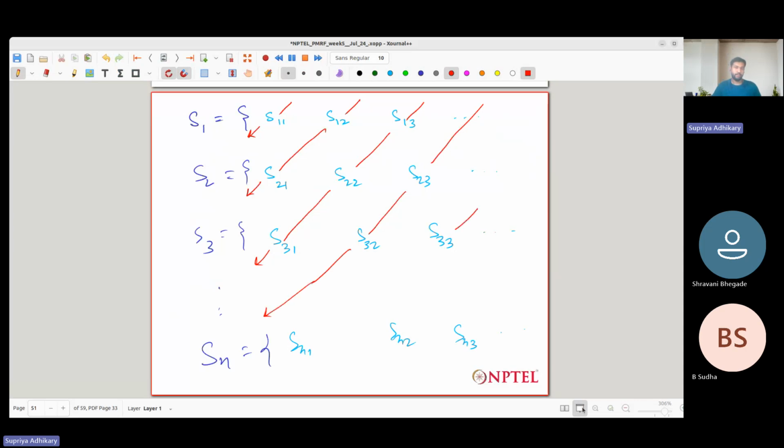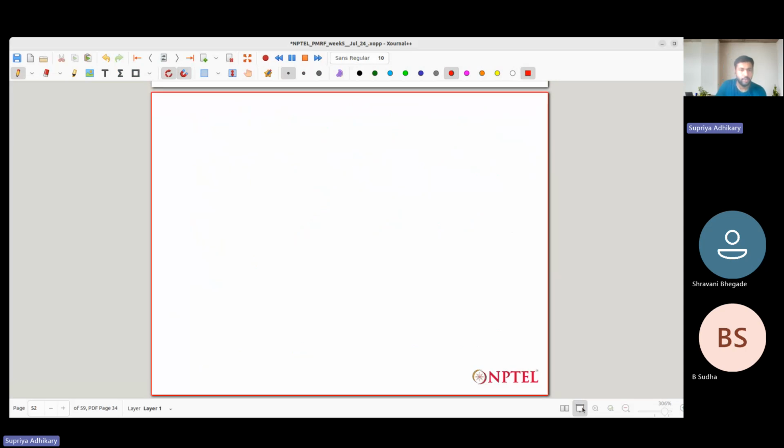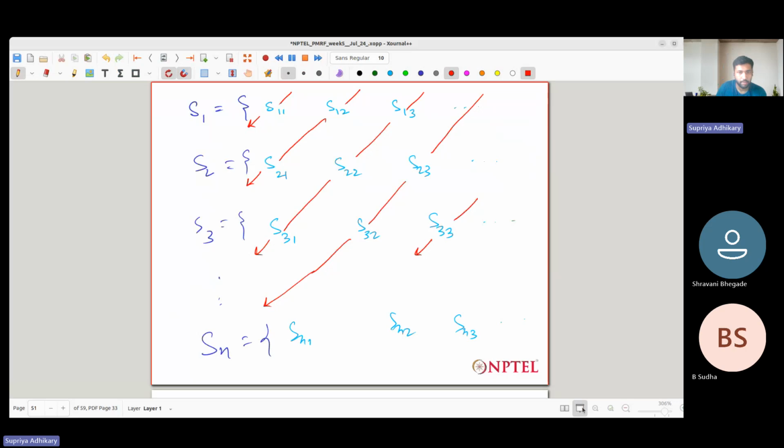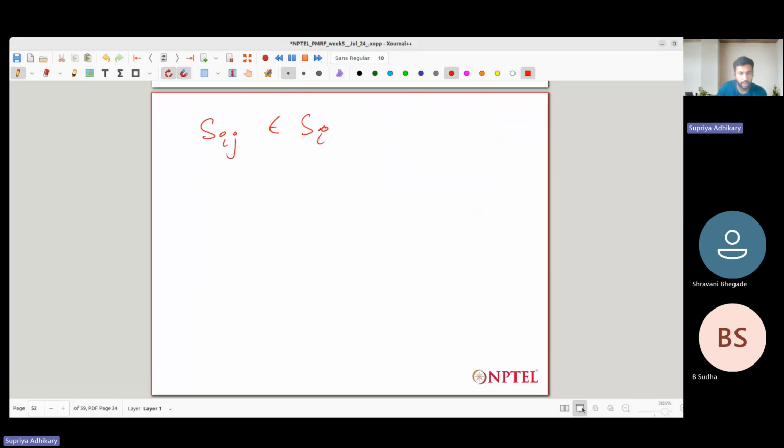Now, you can see that if we take any element, let's say Sij, that belongs to Si, in the jth column and ith row.